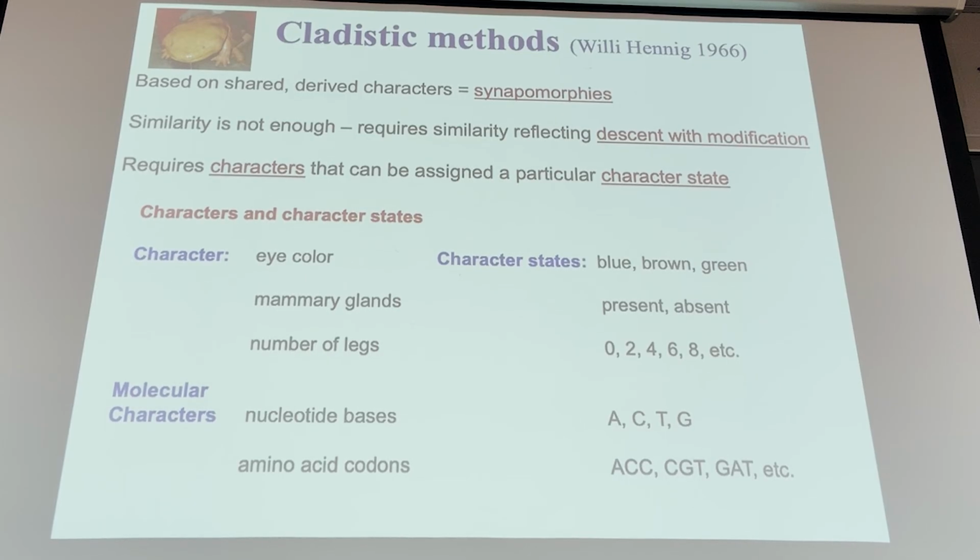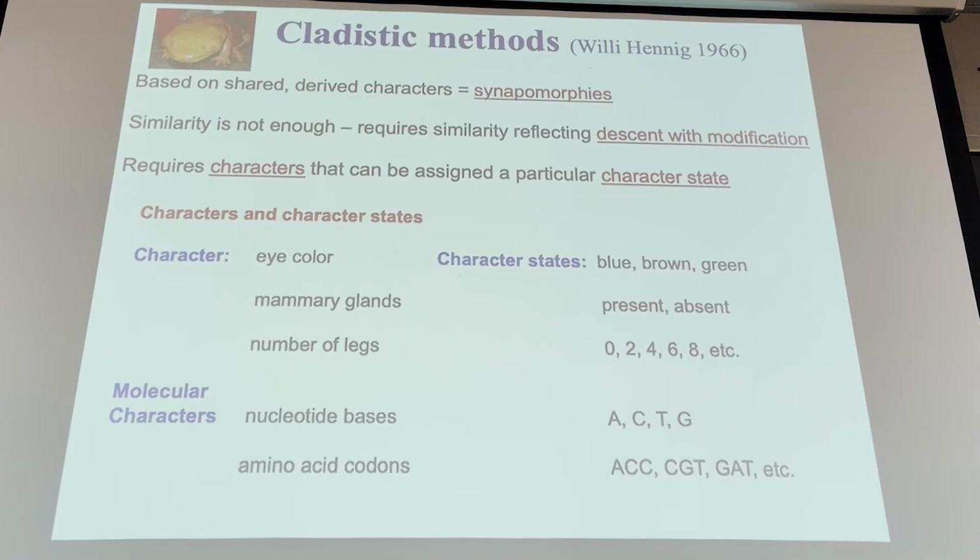How do you figure out what's ancestral and what's derived? That can be easy if you have a good fossil, or it could be impossible if you don't have a good fossil record. But those are the problems with phylogeny. There's problems with everything.